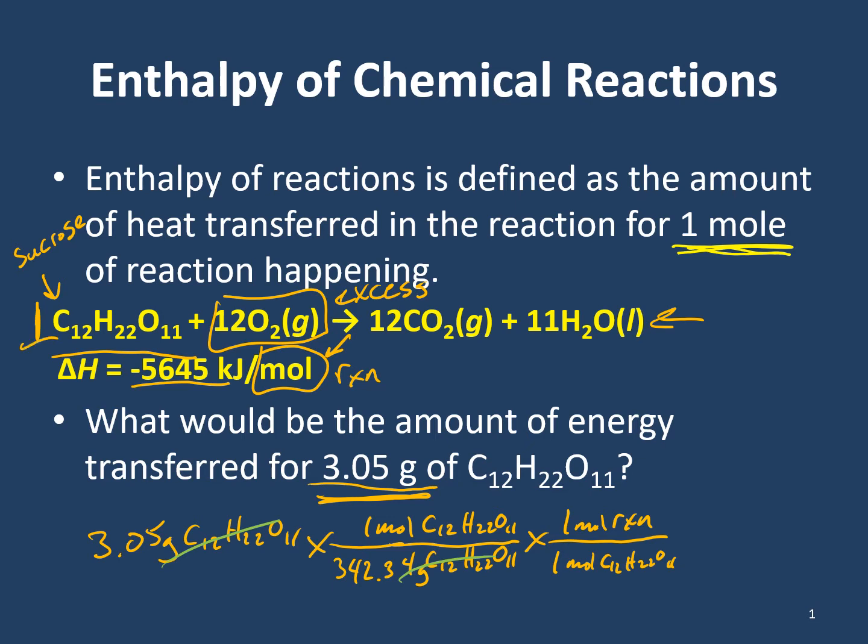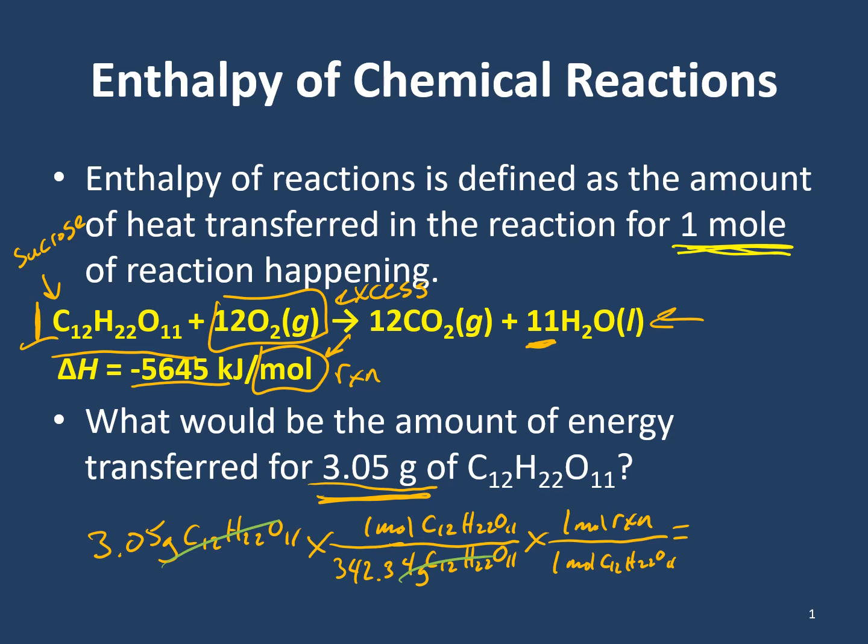If this was oxygen, we would put a 12 here. If it was CO2, we'd put a 12 there. If it was H2O, it would be 11. It doesn't matter which substance we're talking about in the problem. We just use their stoichiometric coefficient in the denominator to cancel out the moles that we have and go to 1 mole of reaction in the numerator, and this gets us moles of reaction, which is what we need to solve how much energy is going to be released in this reaction.